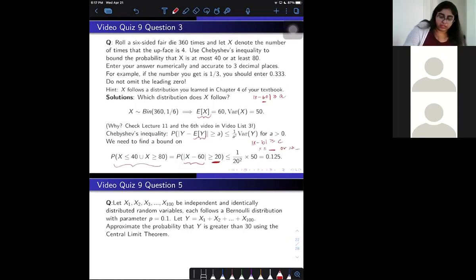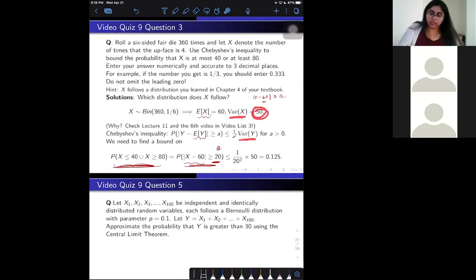So we found our a in this case is 20. If we can write this as this, then we can use Chebyshev's inequality, which is 1 over a squared, and our a is 20. So 1 over 20 squared times the variance of X, which here is 50. We do that, and this is our answer.